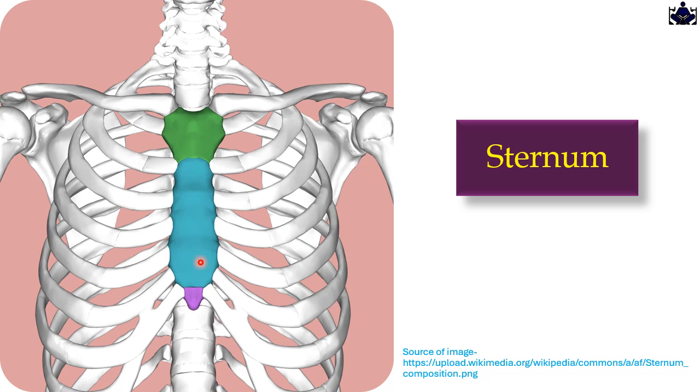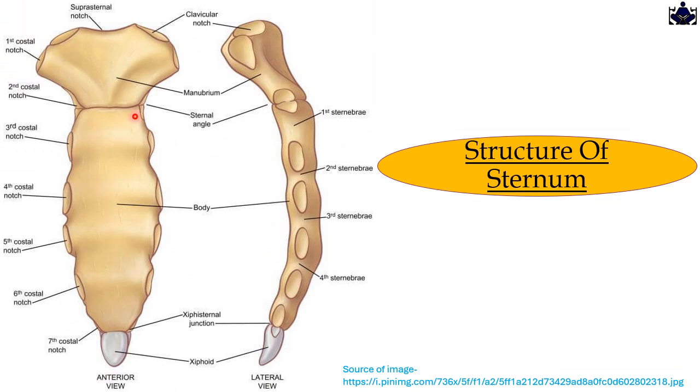It consists of three distinct parts: manubrium, body and xiphoid process. Let's study the structure of the sternum. So, this is the sternum. This is the manubrium, body and xiphoid process.